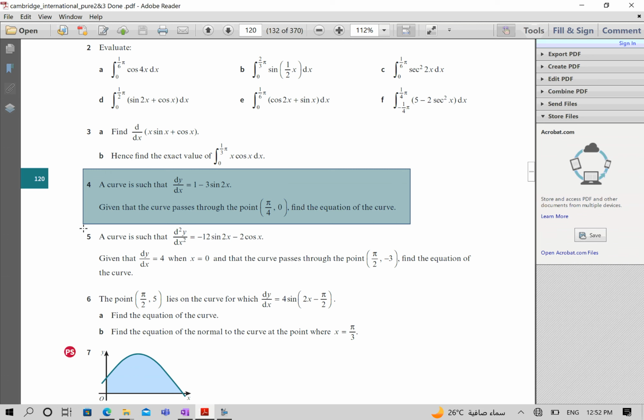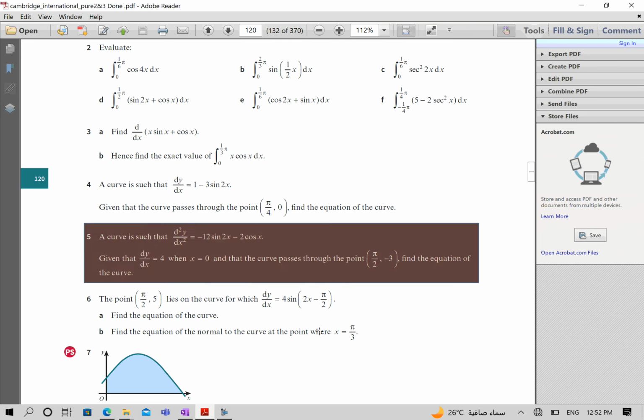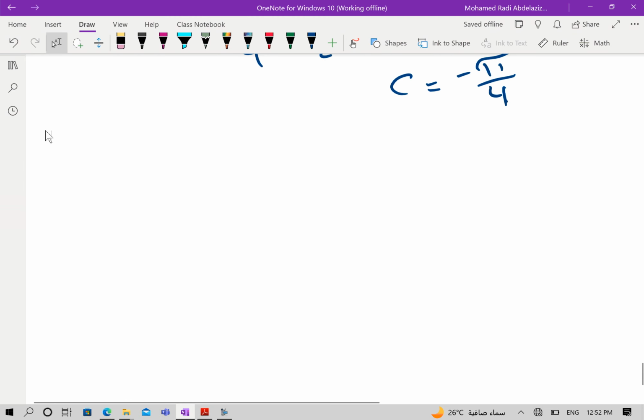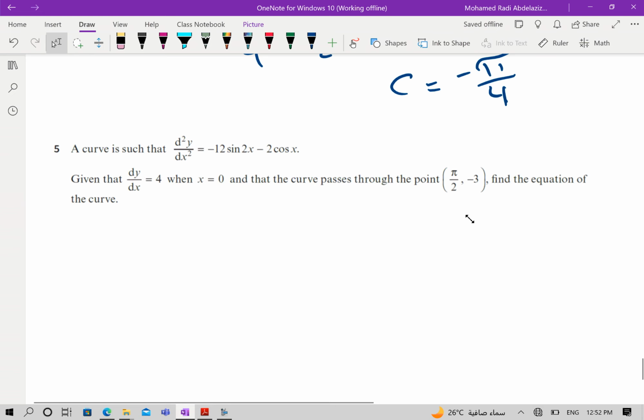Gradient. Yes. If it starts with the second derivative, to get the first derivative, integrate, then substitute. You have to give dy by dx, give the gradient. If we start to integrate the second derivative, you will get what?